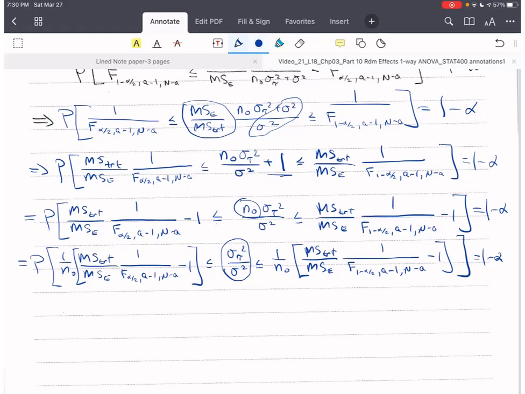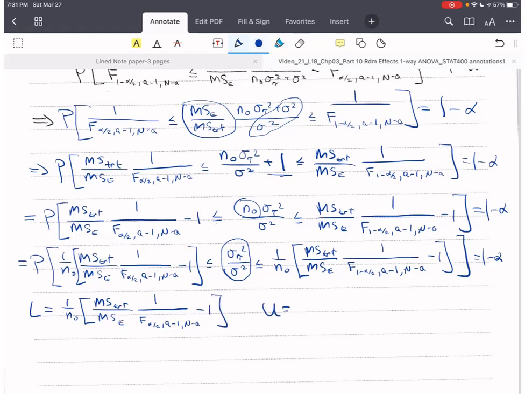Okay? So this is the CI for this ratio, but I want the CI for sigma tau squared over sigma squared plus sigma tau squared. That's what I want. Okay. So what I'm going to do is let L equal 1 over n naught MSTRT over MSE, 1 over F of alpha over 2, a minus 1, n minus a minus 1.